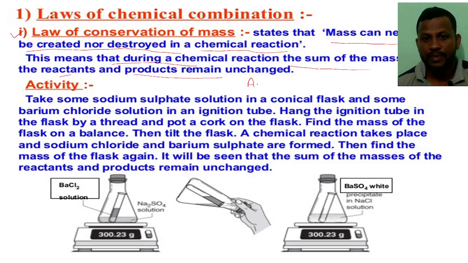A is an element, B is also an element, and they form the compound AB. If element A has 5 grams and element B has 5 grams of mass, remember that this is the mass.